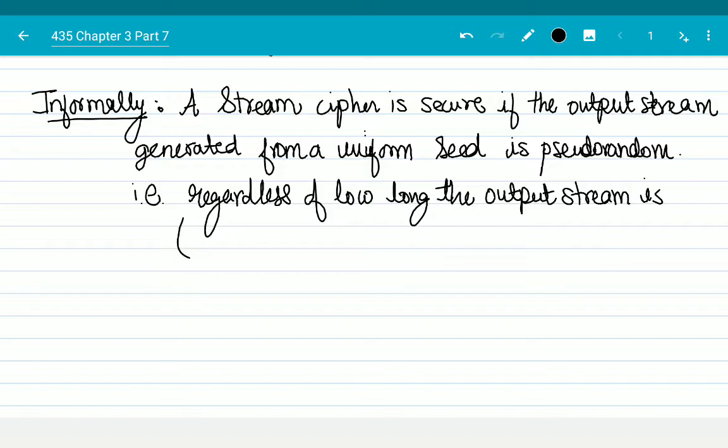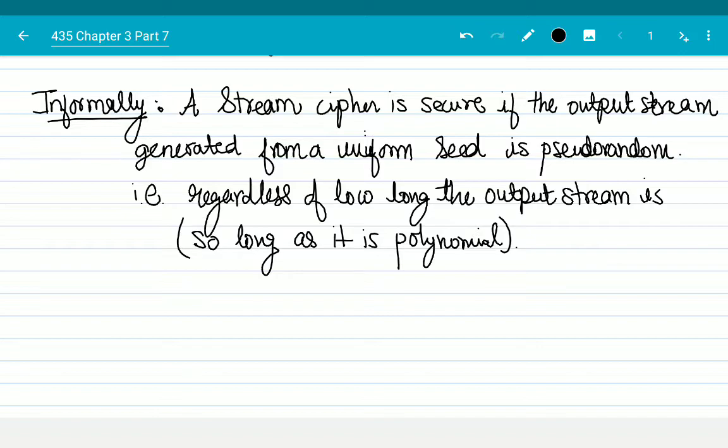It won't have time to read all of it, so long as it's polynomial. Right? The book has a formal definition, but we are not going to really go into that. Okay.